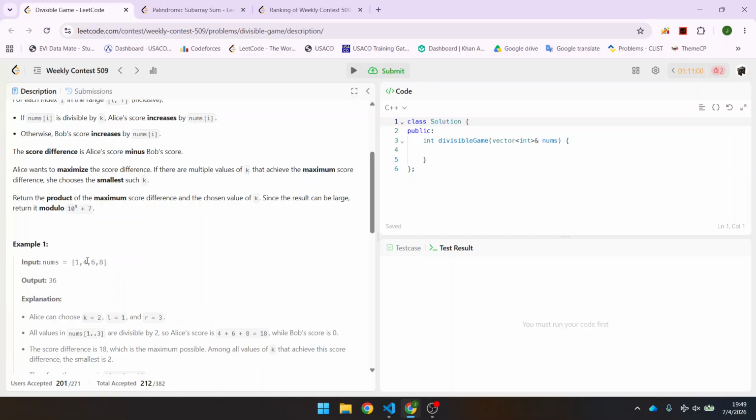And for each one, I think we can calculate it in O(n). First we get to 1, and then we just choose 2 for it. And then we get to 4, and we'll still keep choosing 2 for 6, same thing, 8, same thing.